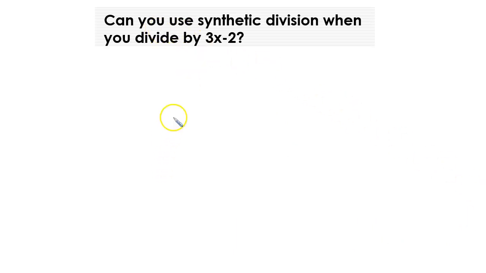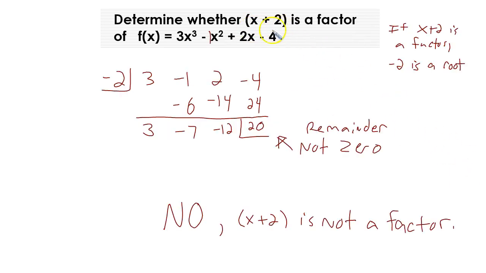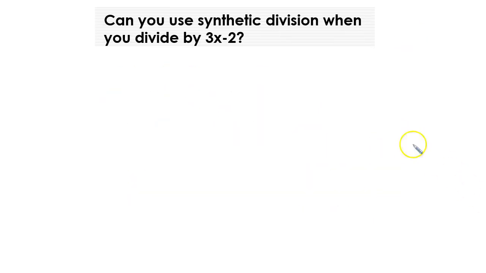Can you use synthetic division to divide by something like 3x minus 2? Well, if you go back in time, we know that we can use it for x minus 6. We know that we can use it for x plus 2. But can we divide by something like 3x minus 2? And the answer is yes.